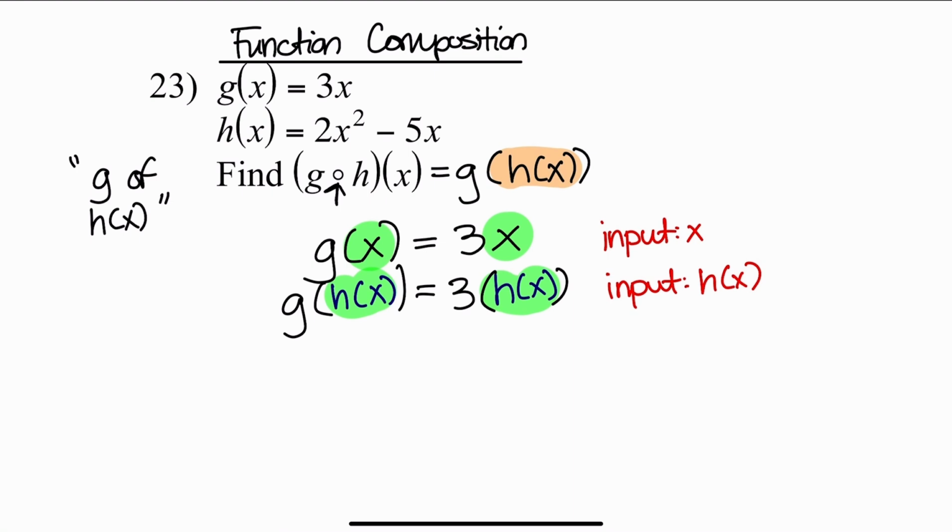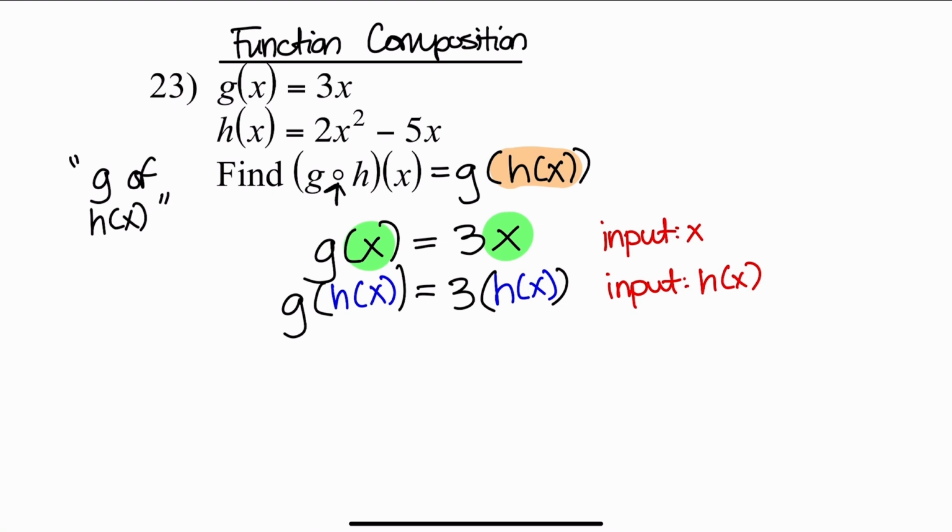Because again, function composition is putting a function inside of another function. So we used to input x. Now we're putting in h of x, one function inside of another, g. Notice the outside of the function did not change, okay? So I still have my h of x being multiplied by 3.